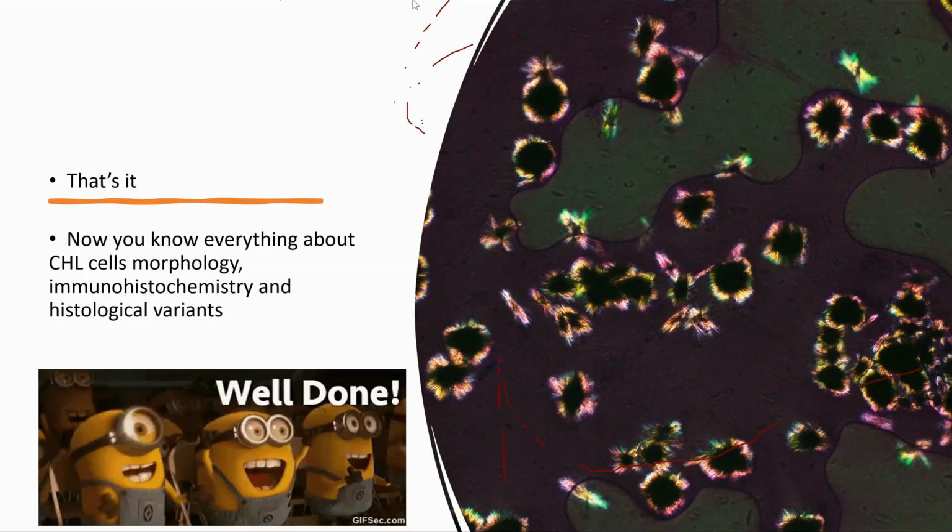Yeah. So thank you very much. I agree. We also find PAX5 quite helpful because the Hodgkin cells are almost always weakly positive for PAX5. And the differential staining between the weakly positive Hodgkin cells and the strongly positive infiltrating B cells is often very helpful.